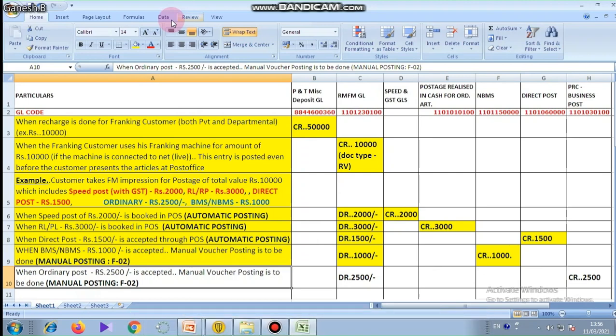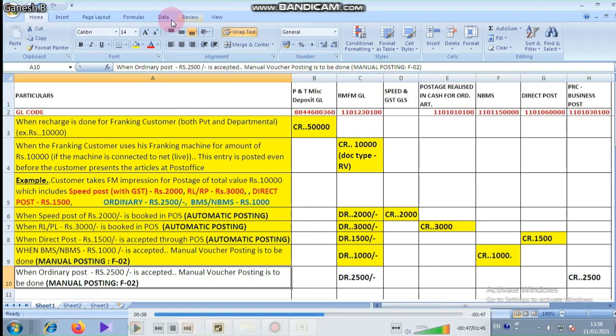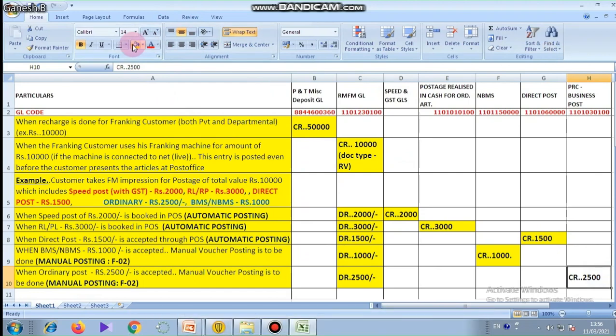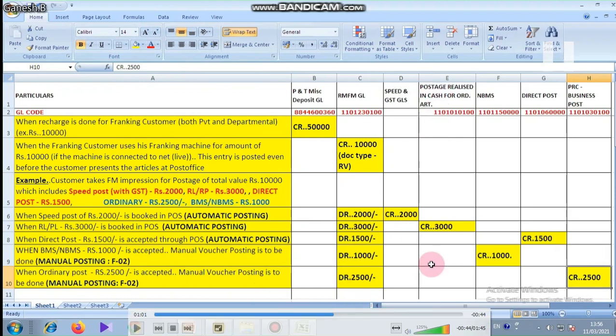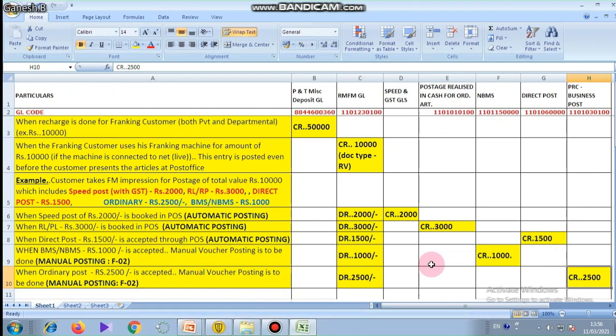The customer presents ordinary article for 2,500. Now what will happen? We have to make a voucher posting by debiting RMFM GL 2,500 and crediting PRC business post. You can either credit PRC business post or you can credit postage realized in cash for ordinary articles. That depends on the directions you receive from your divisional head.